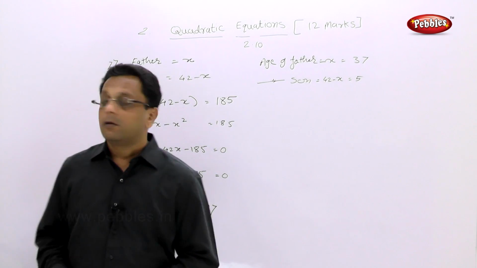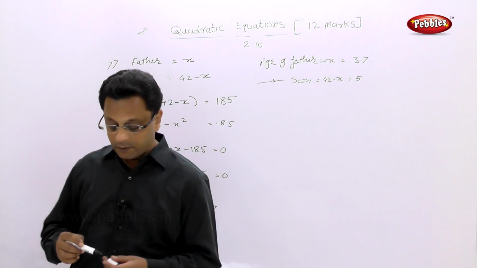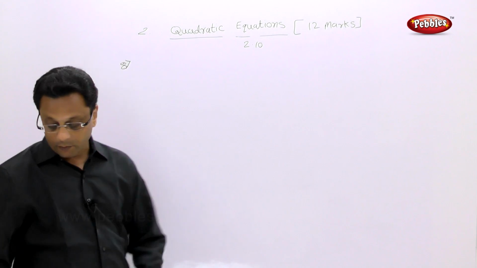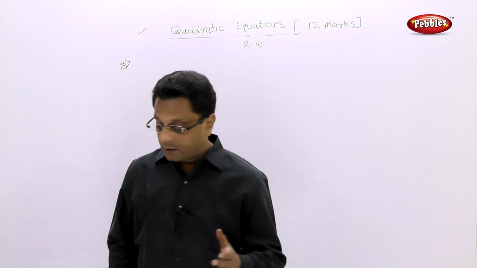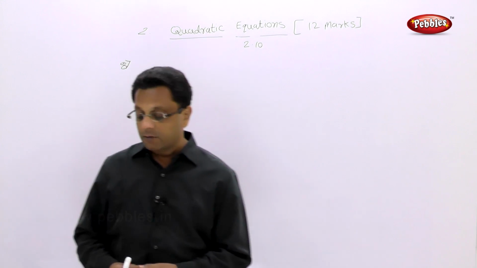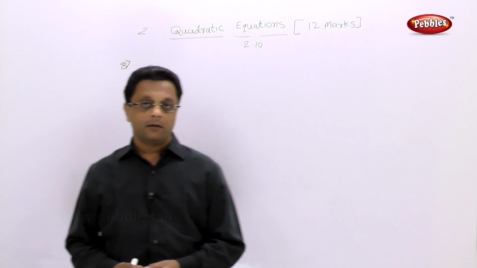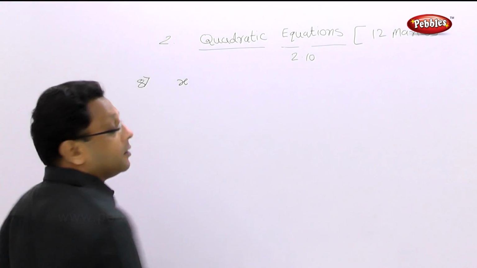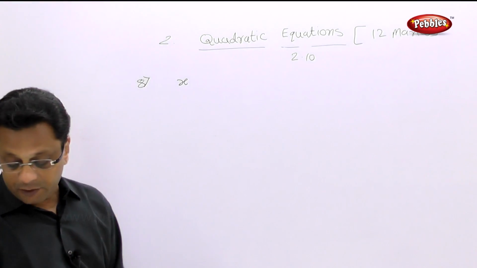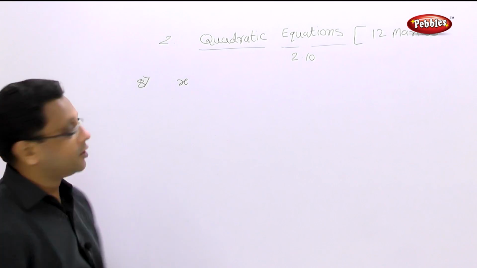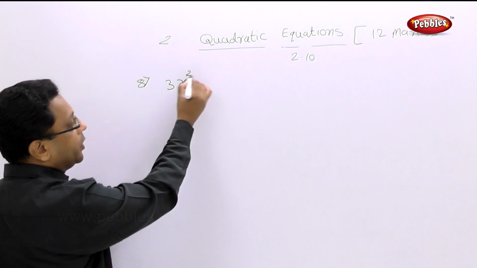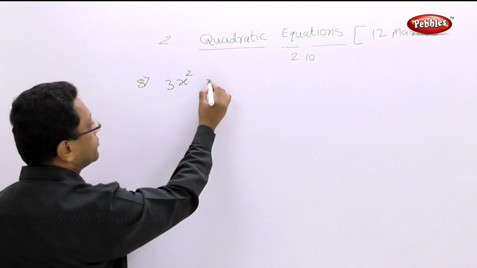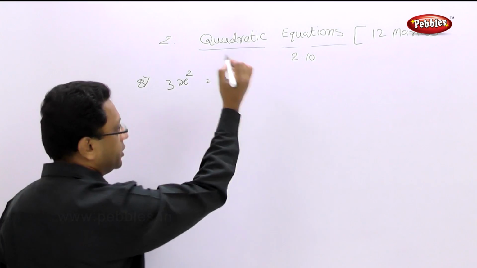Let's go to example number 8. Example 8 is: 3 times the square of a natural number is 363. If the natural number is x, then 3 times the square of a natural number is 363.